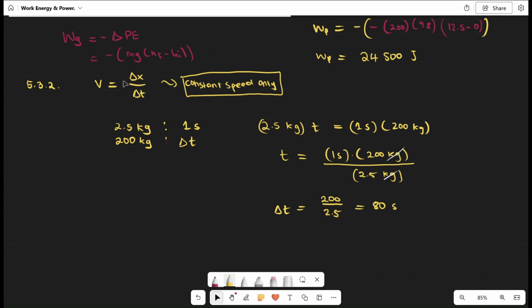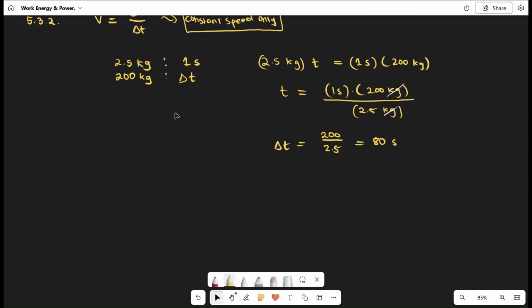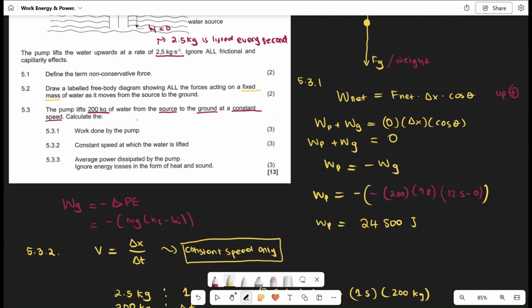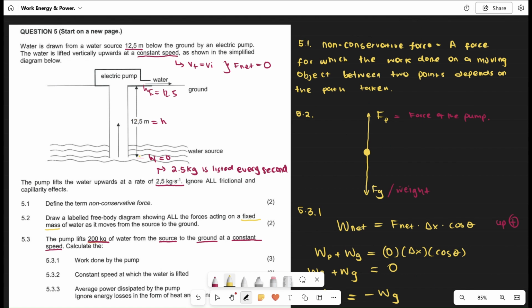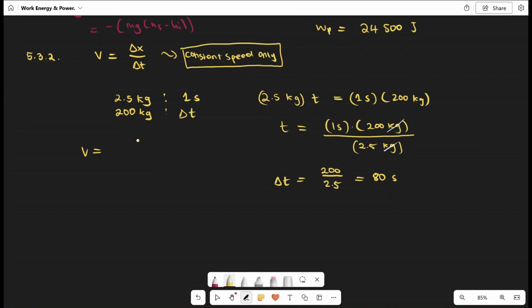If you have your delta t, you can now find the velocity. So now your velocity, V, is equal to your change in x. We know that it's moving from the water source to the ground, so it's 12.5 meters. We have 12.5 meters divided by our time, which is 80 seconds. That will give us our velocity.